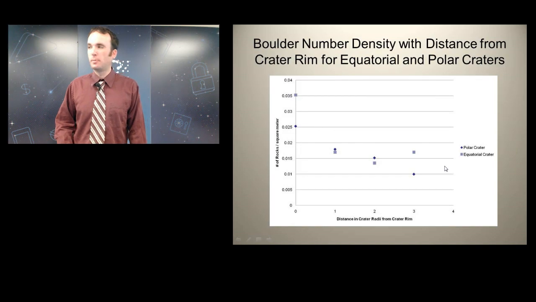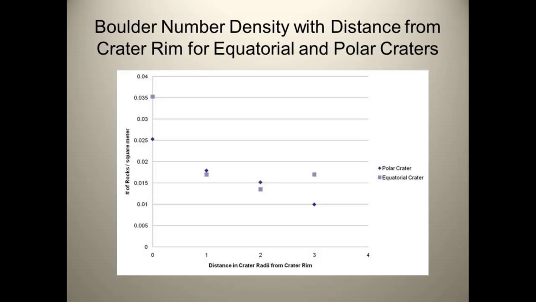If we look at the distribution of these boulders around both equatorial and polar craters, we can see that they do similar things. Essentially, you have more boulders near the crater rim, and it decreases as you get away from the crater rim. The boulder distributions are relatively symmetric with the occasional ray or filament-like feature to them.